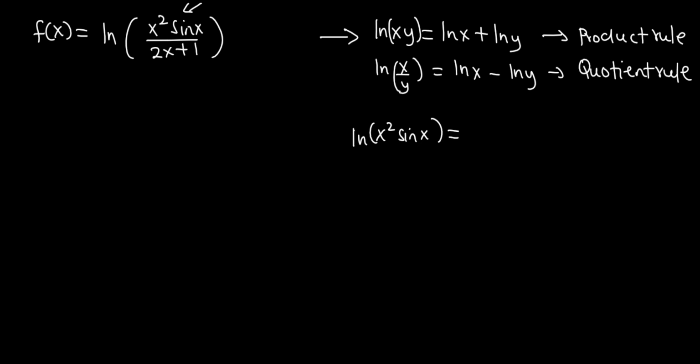This will be equal to ln of x squared plus ln of sine x. And then for this ln of x squared, I can write it as 2 ln of x, plus ln of sine x. That's for the numerator.